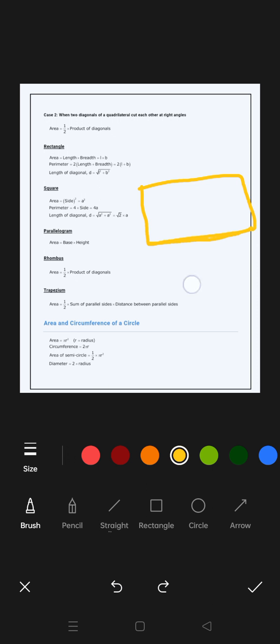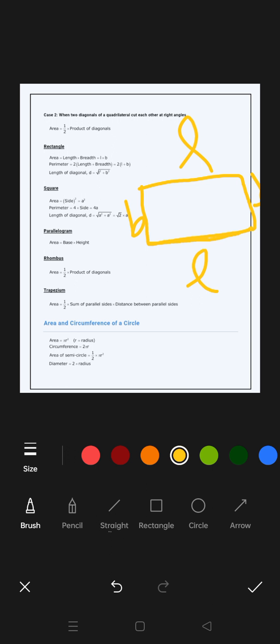So the area of a rectangle is L into B, the product of length and breadth. Suppose length is 2 and breadth is 4, then multiplying 2 by 4 gives 8. So this is the area of the rectangle.